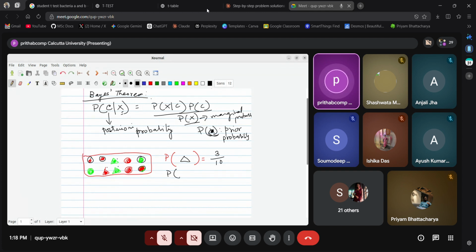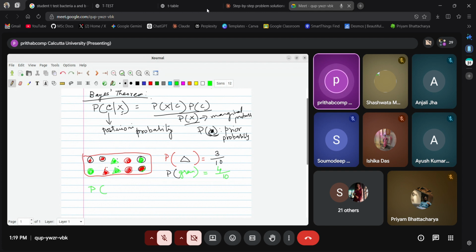Now if I want to see the probability of green elements, then what will it be? Green elements are 4. So 4 out of 10, right? Then conditional, given that some event has happened, what will you do?